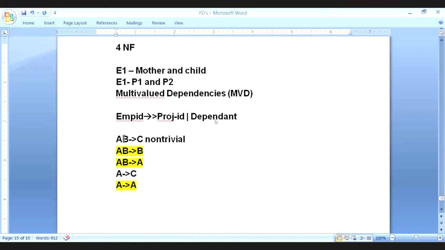And this is non-trivial because C is not a subset of AB. And A to C is also a non-trivial FD. And AB to C is a non-trivial FD. And here A to A is a trivial case.